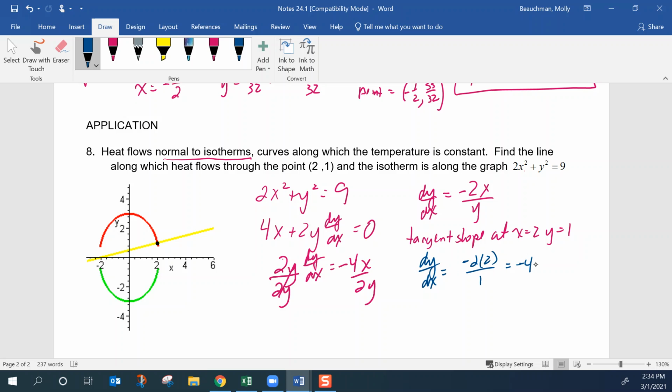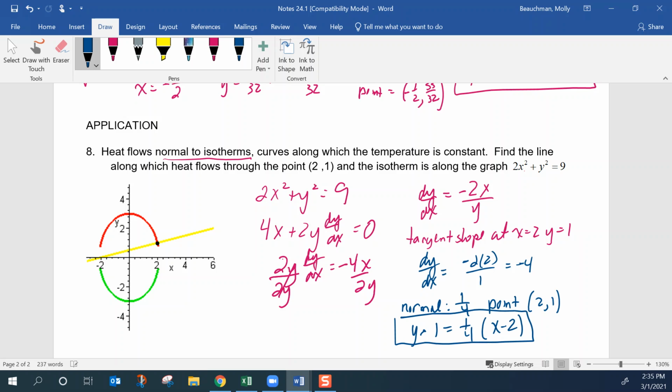That's the slope of the tangent line, so the slope of the normal is the negative reciprocal, a positive 1/4. The original point I'm given is (2, 1), so I get y minus 1 equals 1/4 times (x minus 2), and that's the equation of my normal line to that particular isotherm.